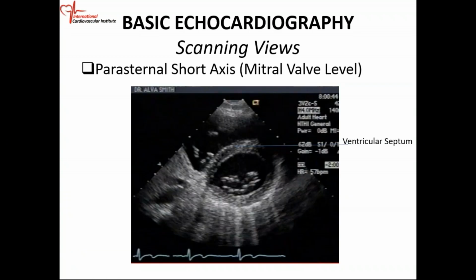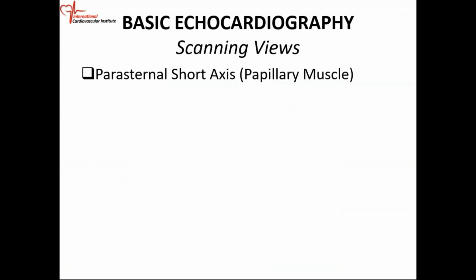This is the ventricular septum right there. This is the anterior wall, the lateral wall is over there. This is the inferior wall. We have a separate class to name the segments, so don't worry about that. Okay, that's your mitral valve right there. The mitral valve is open in diastole, closed in systole. LV cavity is right there, the right ventricular cavity.